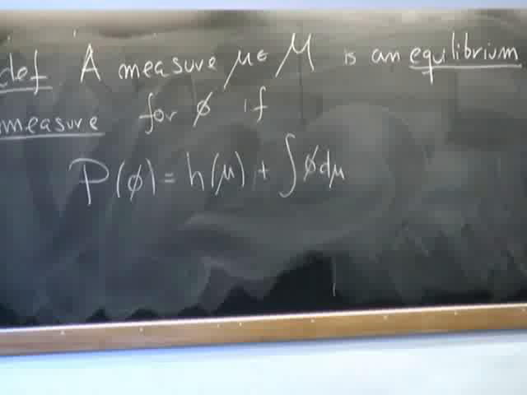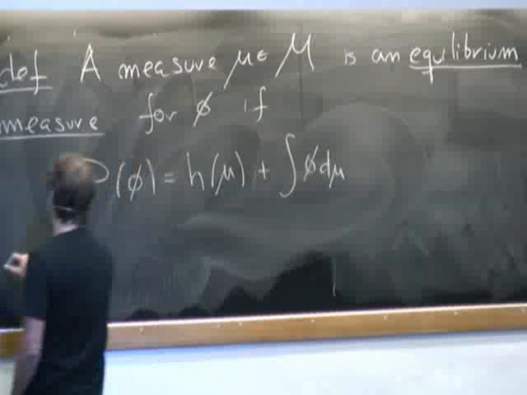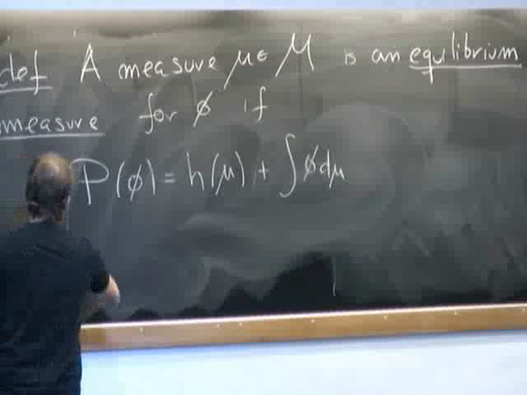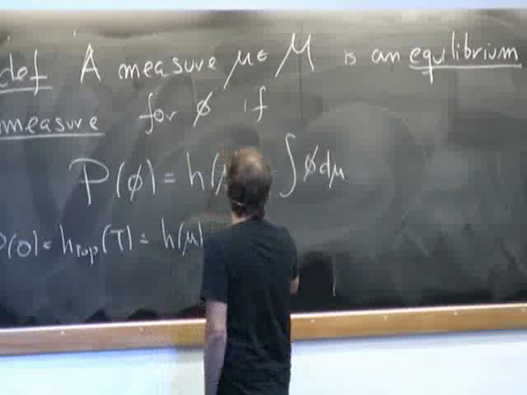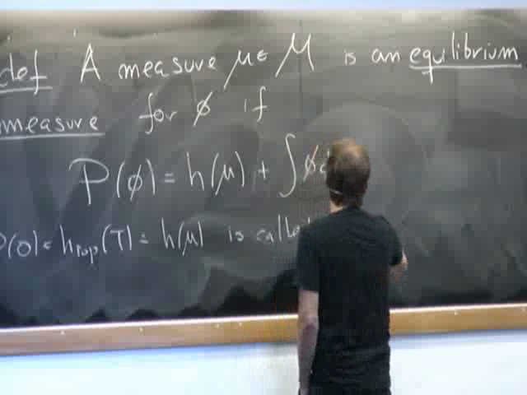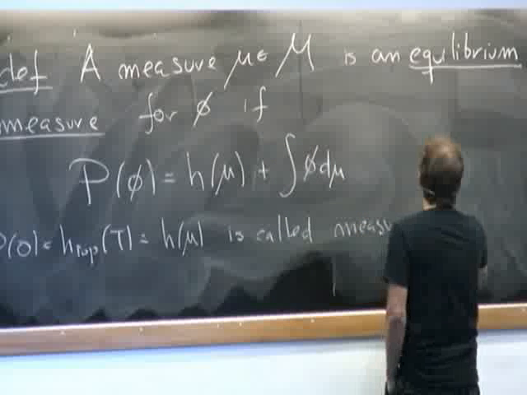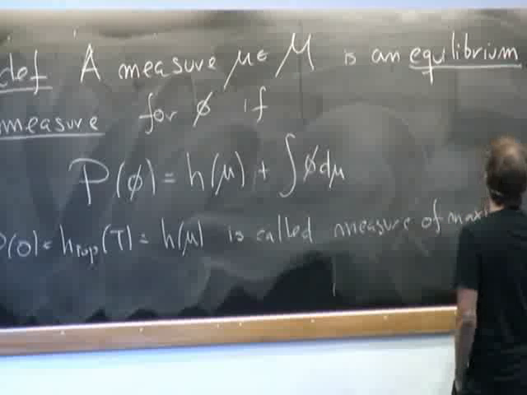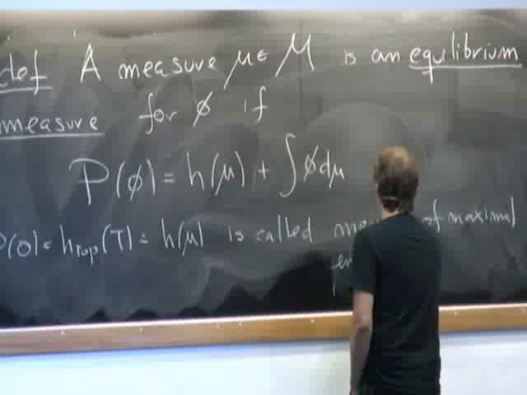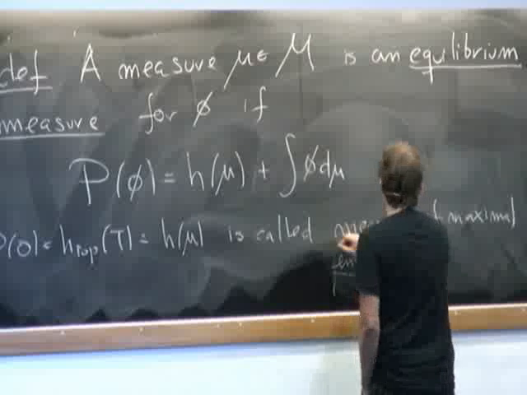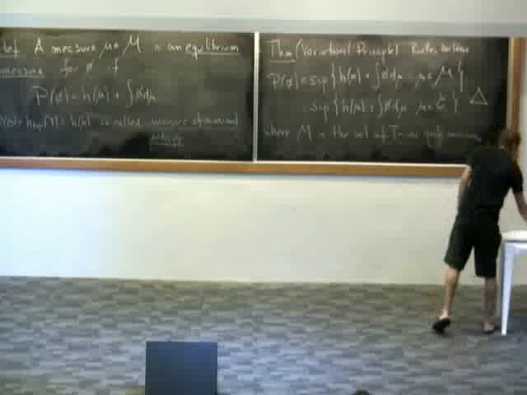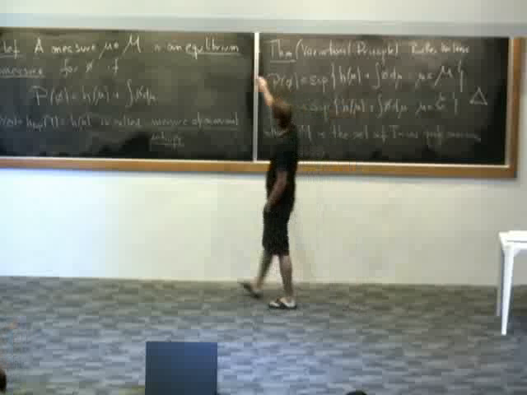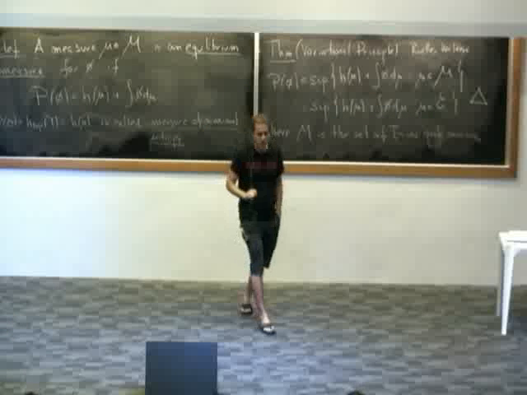In the case of the null function, when you are considering 0 and you're looking at the entropy of T, a measure that attains that supremum is called a measure of maximal entropy. Okay? So it's a measure that sees all the disorder, if you want, of the system. In this sense, equilibrium measures are somehow a generalization of these measures here.